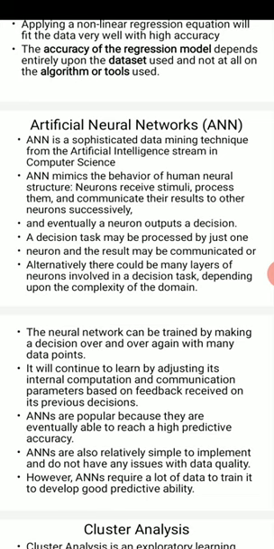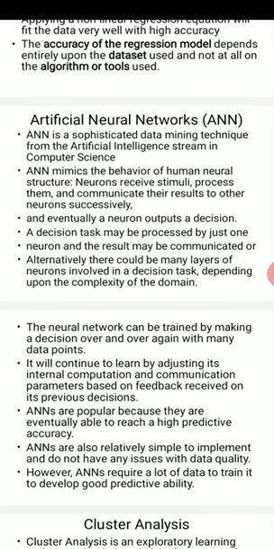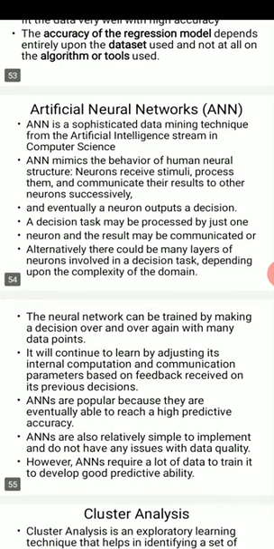A decision task may be processed by just one neuron, and a result may be communicated, or alternatively there could be many layers of neurons involved in a decision task depending upon the complexity and the domain. Okay, so the neural networks can be trained by making a decision over and over again with many data points.